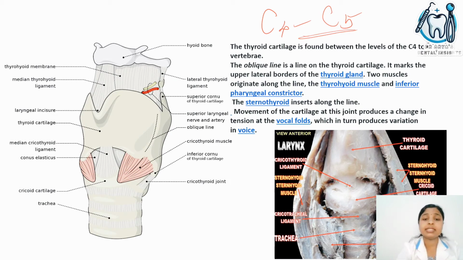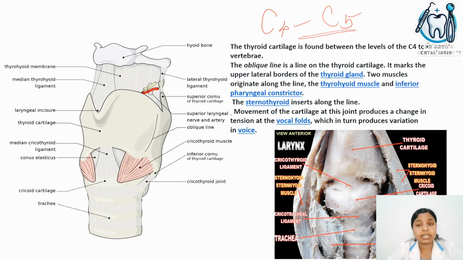There is an oblique line on the thyroid cartilage. It marks the upper border of the thyroid gland, and two muscles originate along the line: the thyrohyoid and the inferior pharyngeal constrictor. The sternothyroid inserts along the line.